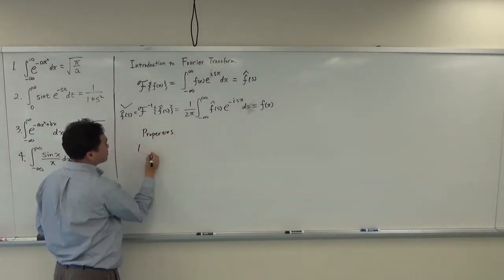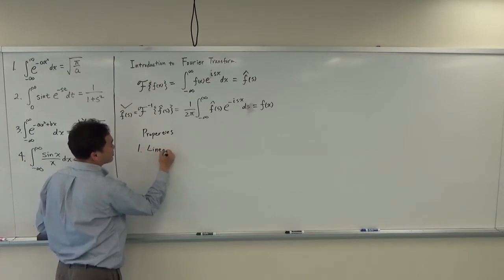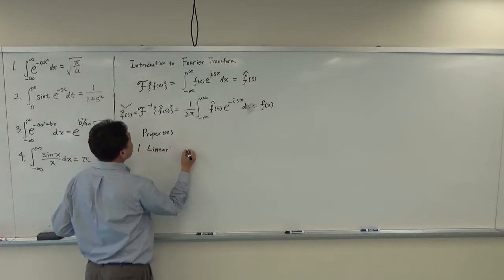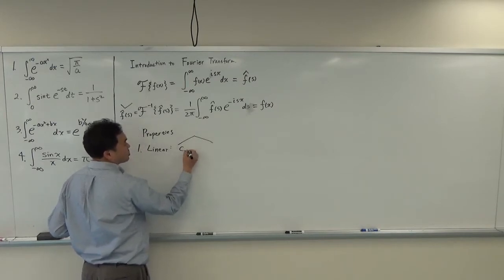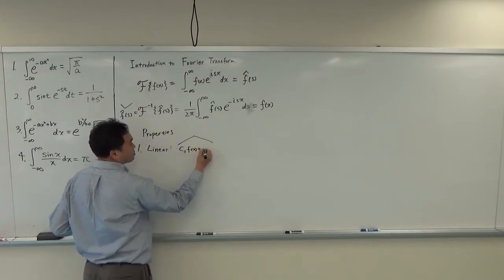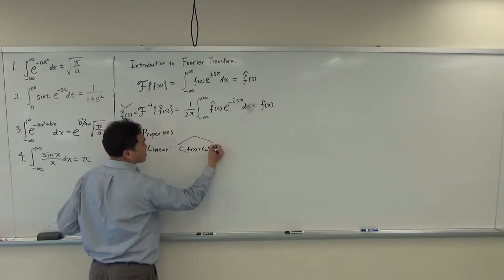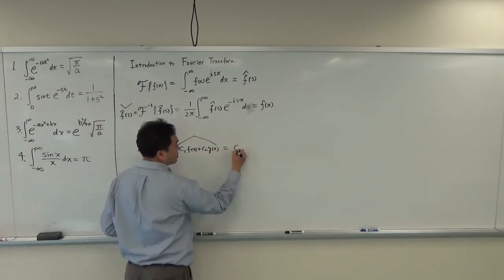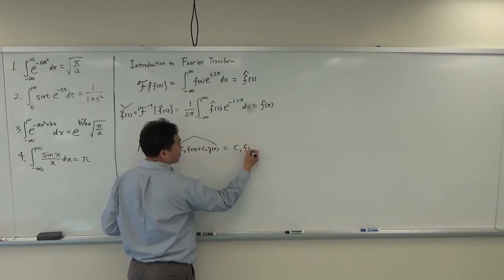So the first one is that it's linear. If you have the Fourier transform of c1 f of x plus c2 g of x, it's going to be the Fourier transform of each individual one.